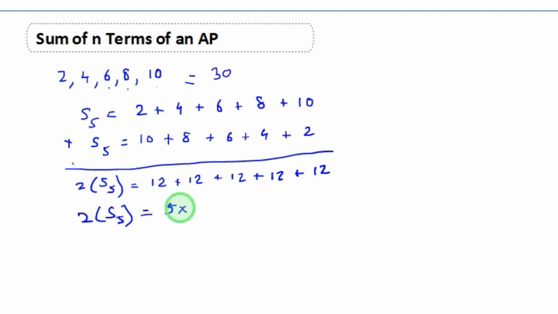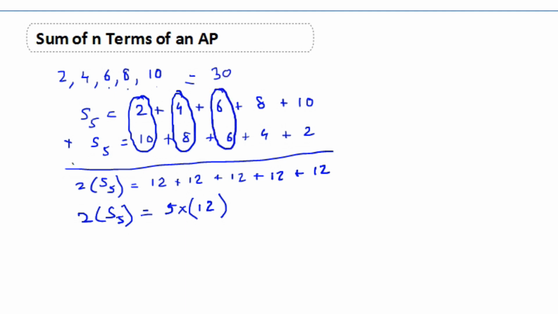5 times 12, which is the sum of the first and last term, right? And the sum of the second last and the second term is also 12. The sum of the third last and the third term is also 12, which is the same as the sum of the first and last terms.